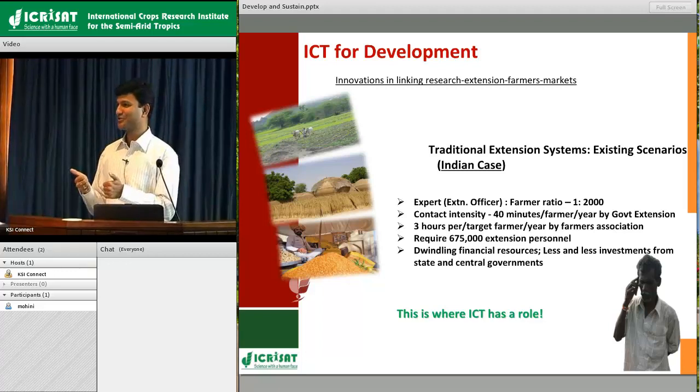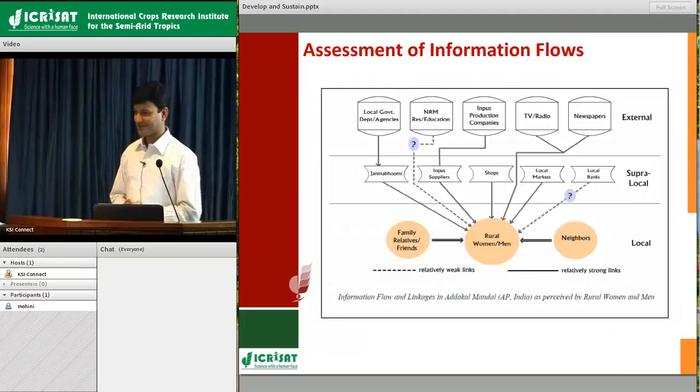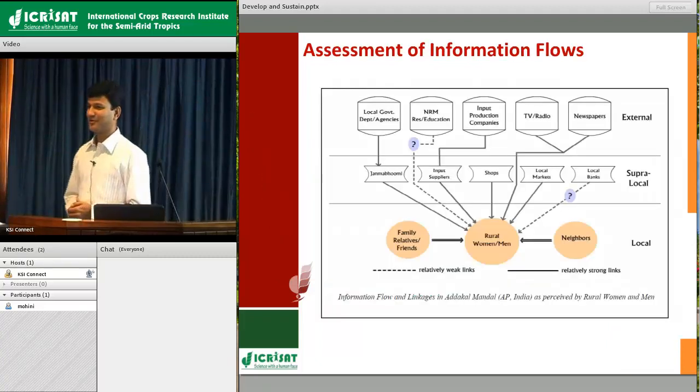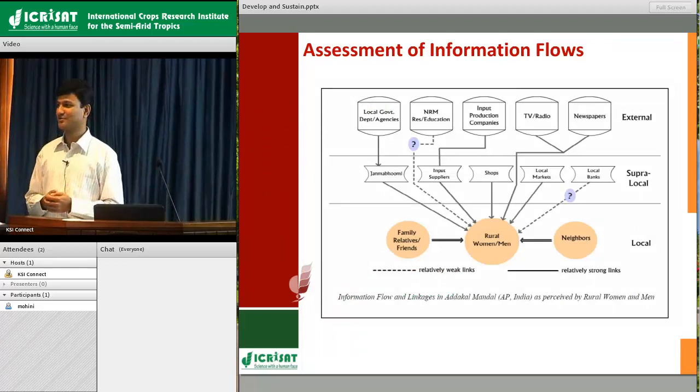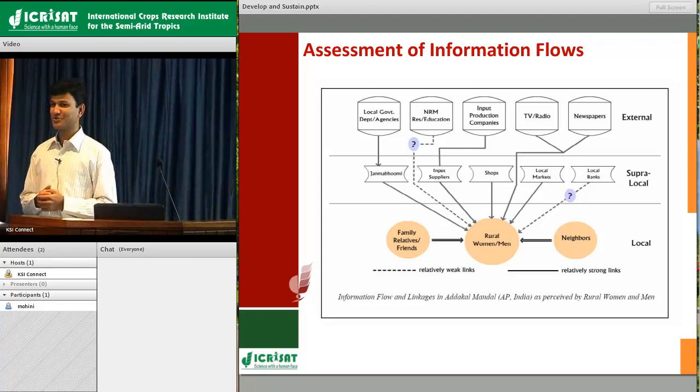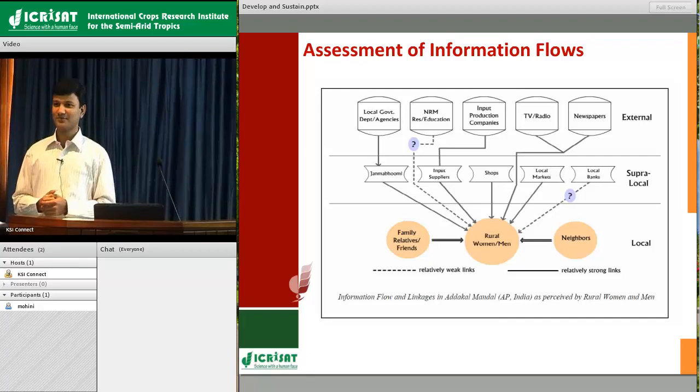Because these are the opportunities, we need to utilize them, and we need to see what kind of difference we are making. And even before we introduce anything, we need to understand the existing scenarios, how these people are getting information or these services. This study was conducted way back in the same place where we will be going tomorrow.